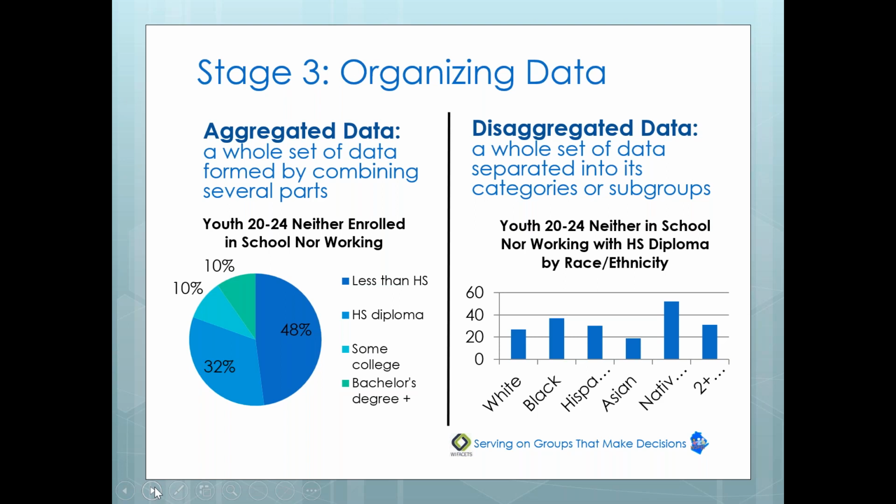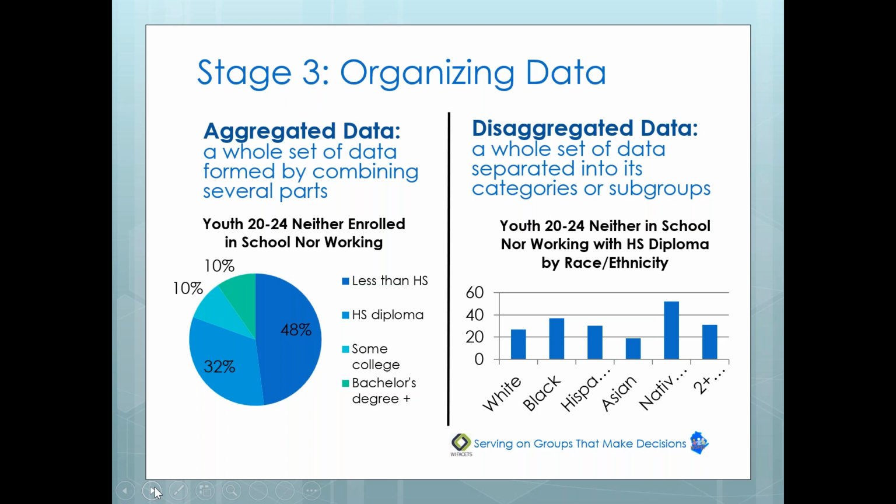And you can disaggregate 5-year data by year, or yearly data by month, or monthly data by week. And so each time that you disaggregate or further break down your data, you get a better look at one part of the data. Sometimes disaggregated data can really surprise you. It can help your group decide on or prioritize action plans.